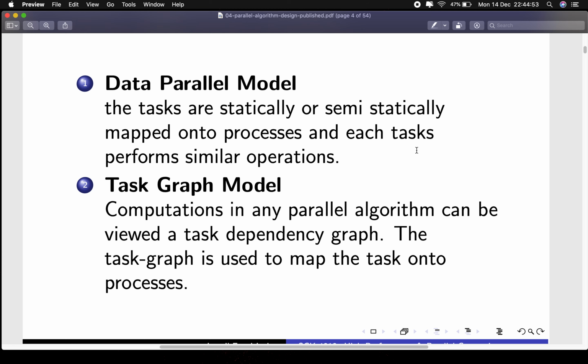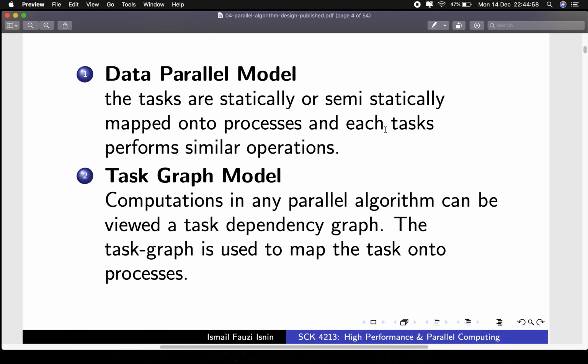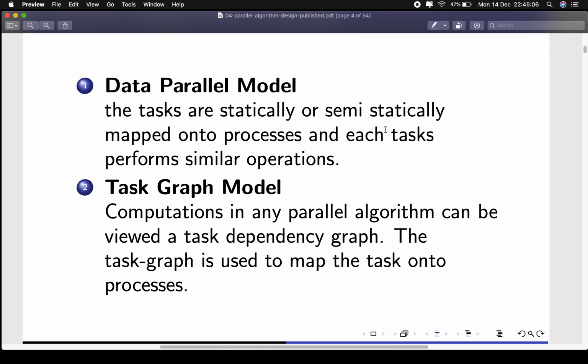So the first one under the parallel algorithm models is the data parallel model, where the tasks are mapped statically or semi-statically. That is the first hint for the data parallel model, and another keyword is that each task performs a similar operation.